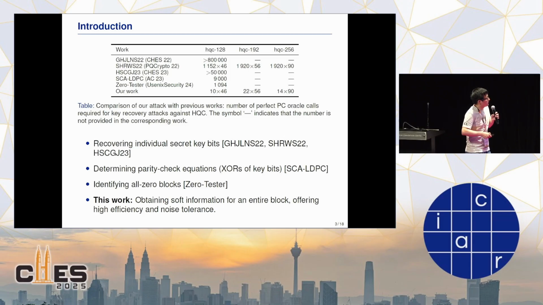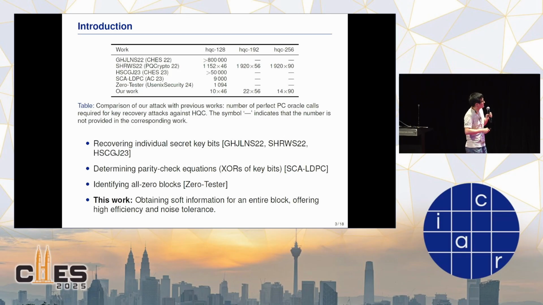Then for SCLDPC, we improved the method. We try to determine parity check equations using low density parity check codes, and then we use iterative decoding to do full key recovery. This is more efficient, but you still need multiple attempts to get one single parity check equation.